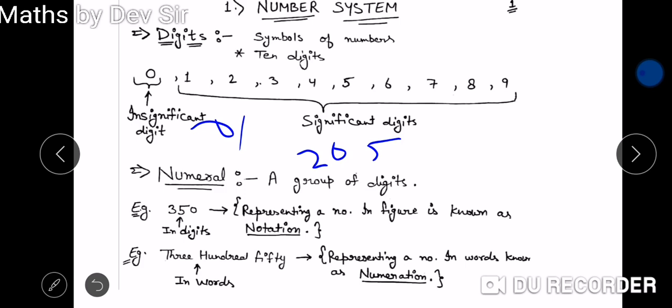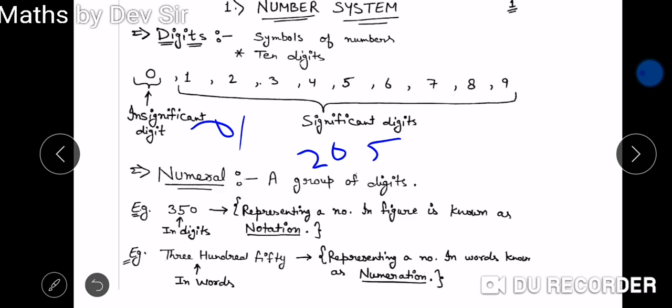Now next is numeral, means numbers. In this a group of digits is known as numeral. For example, 350, I have written this in digits. Now representing a number in figures is known as notation. We call it notation.